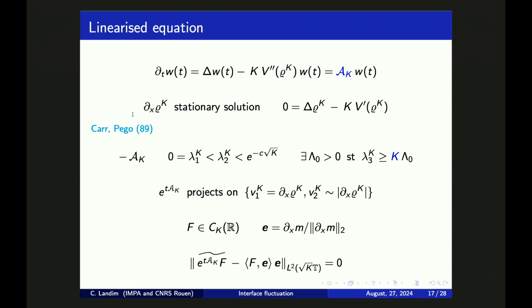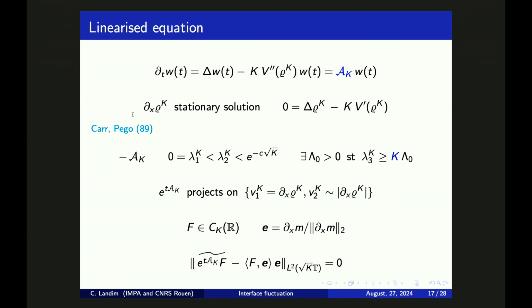Carr and Pego studied this operator, and what they prove is that, let me call it minus A_k, you have these eigenvalues. The first one is equal to 0, and it corresponds to the derivative of rho k. If you take the derivative of rho k, you see that it satisfies this equation, which will be equal to 0.